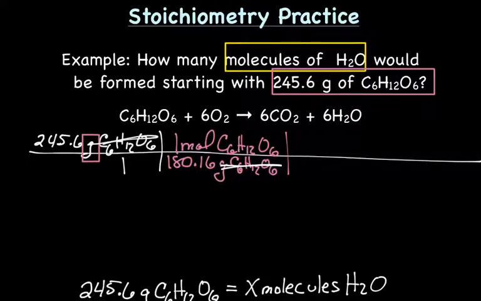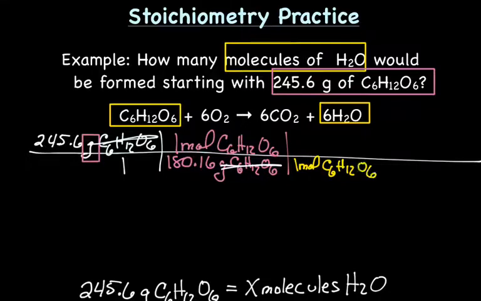And we want to now get to mole of H2O. So we're going to use the mole ratio from the balanced equation. And we're interested in this one and H2O, this one, right? So on the bottom, we're going to put 1 mole C6H12O6. And we put that one on the bottom because we have C6H12O6 on the top.